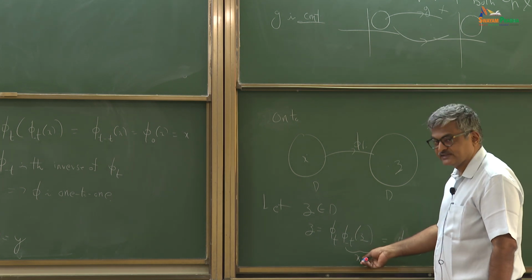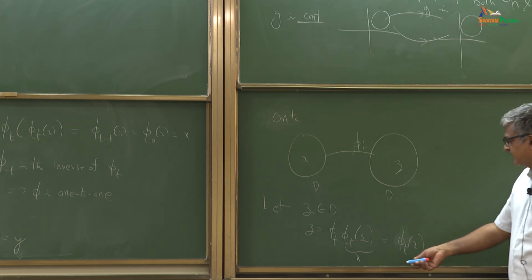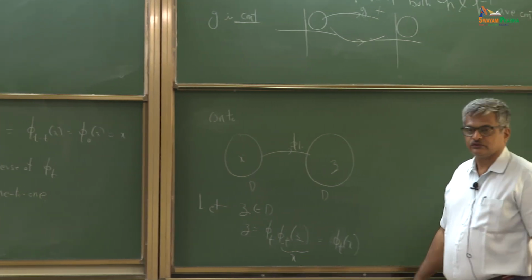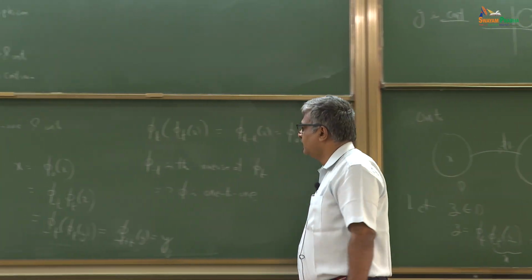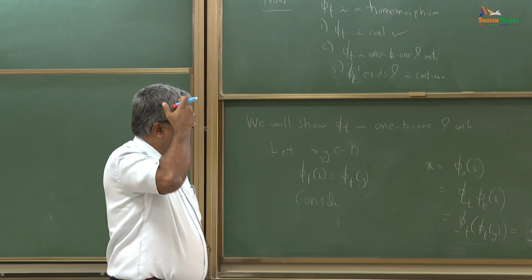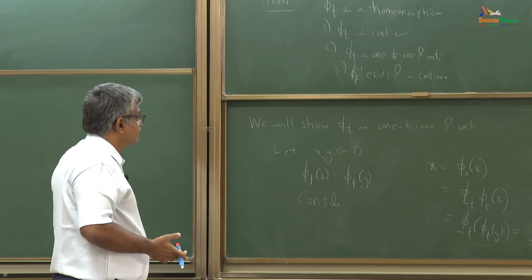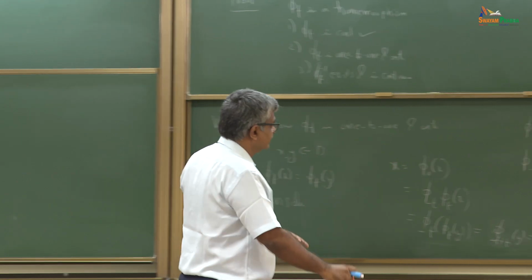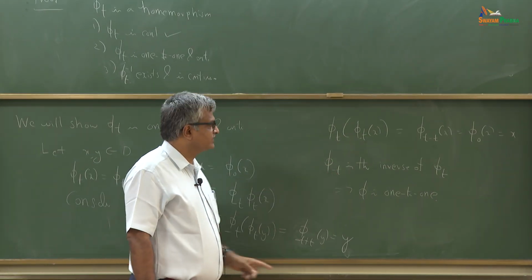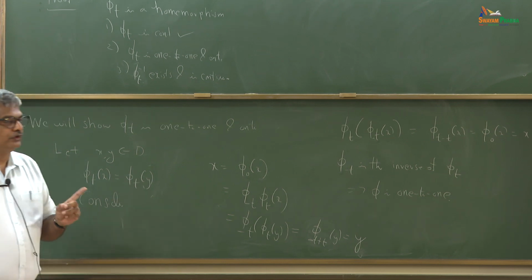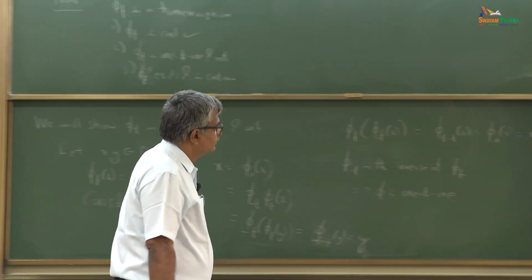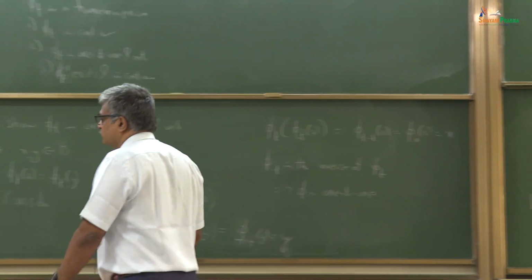So that shows the onto-ness, and it shows it is a bijection. We have shown the inverse: the inverse of this map is just you replace t by minus t. You need to show continuity of phi inverse. So how do you show continuity?